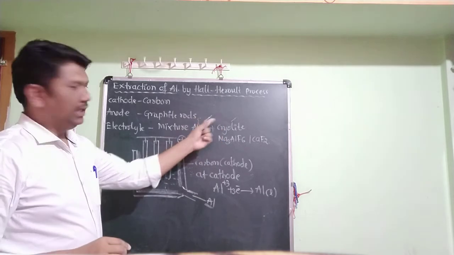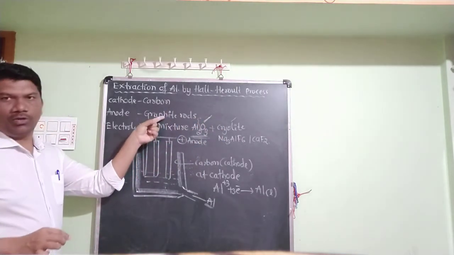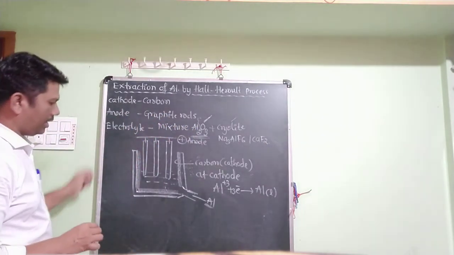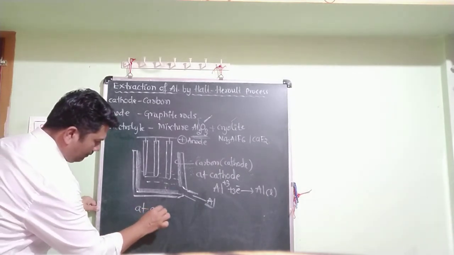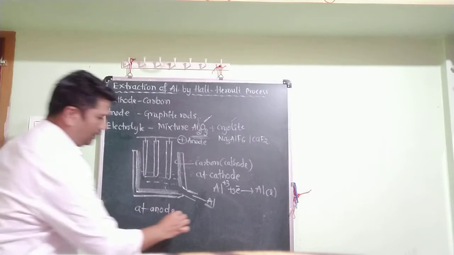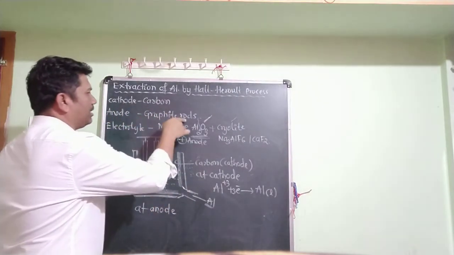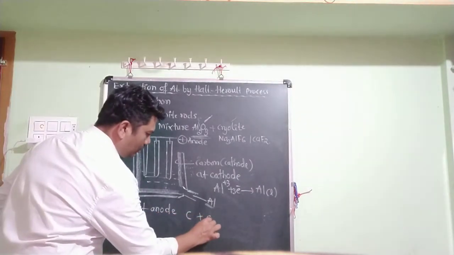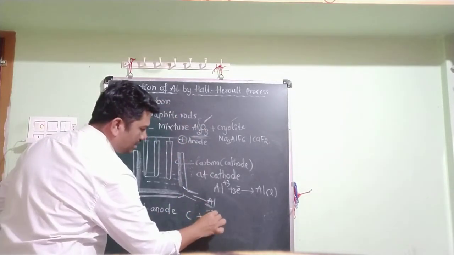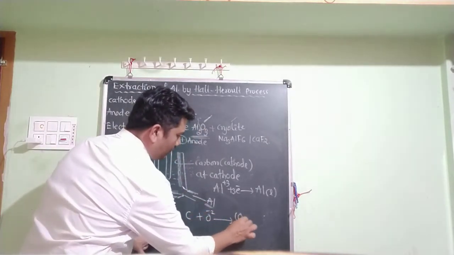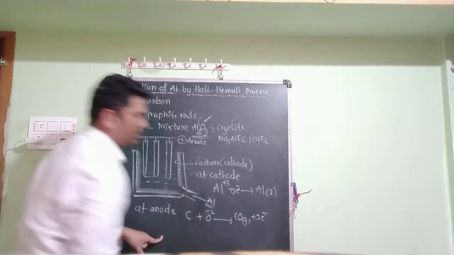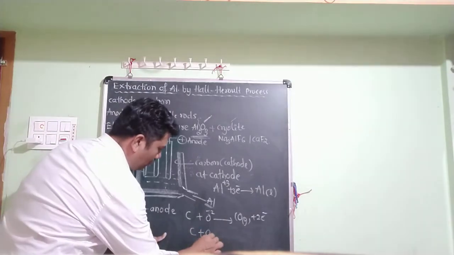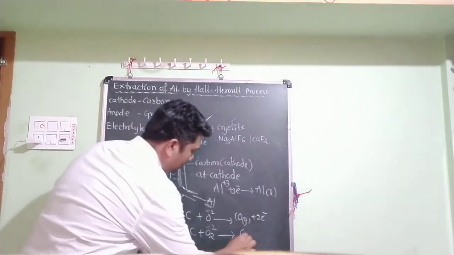The oxygen goes towards the graphite rods, that is the anode. Graphite rod contains carbon. So carbon reacts with oxygen: C plus O2- gives CO gas plus 2 electrons. One more reaction takes place: C plus 2 O2- gives rise to CO2 gas.